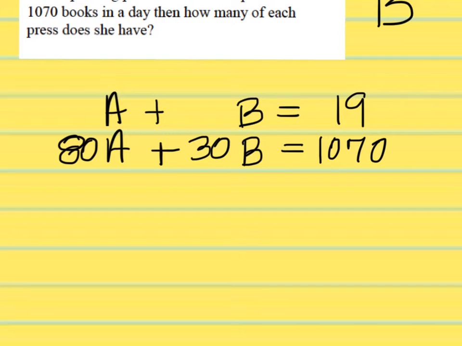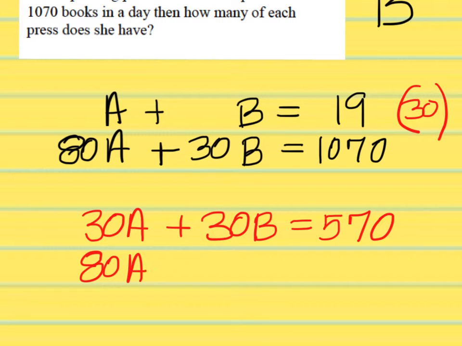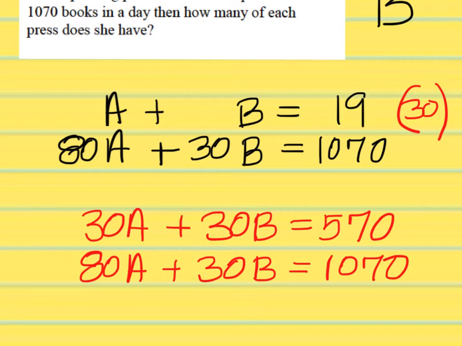So why don't we do this? Let's solve it by elimination. Multiply by 30 on the top to get 30A plus 30B. And that should equal 570. And then you'll have 80A plus 30B equals 1070.